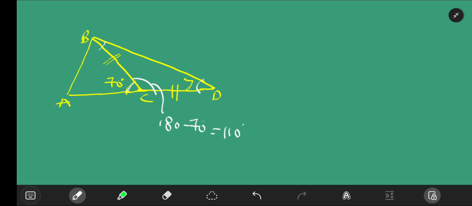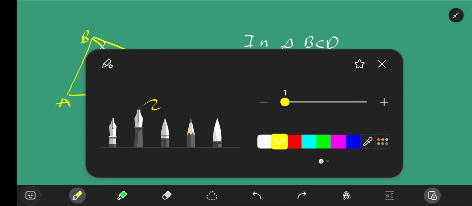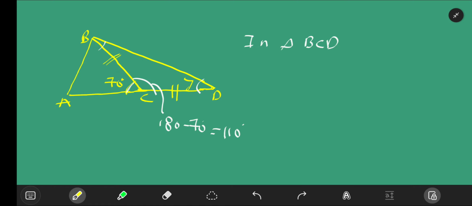So in this triangle BCD, suppose this angle is X, this angle is Z, this angle is Z. Now angle x, angle y, angle z must be equal to 180 degrees.